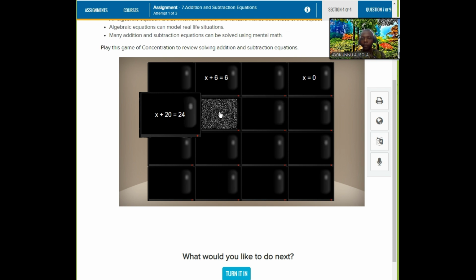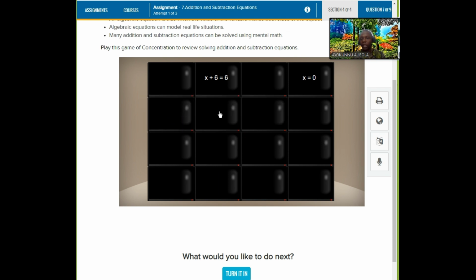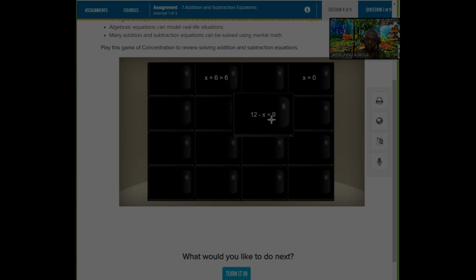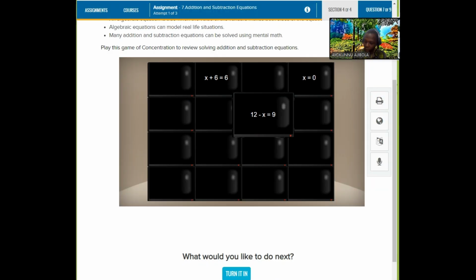Yes. Now, if we check the next one, it says x equal to 5. So x is not equal to 5 for this one. So let's check the third one. The third one says 12 minus x is 9. 12 minus x equal 9.